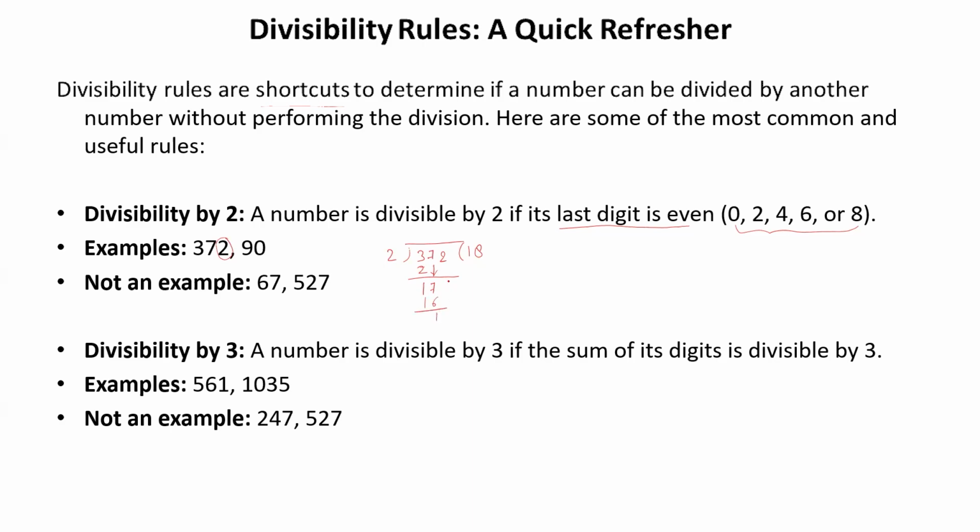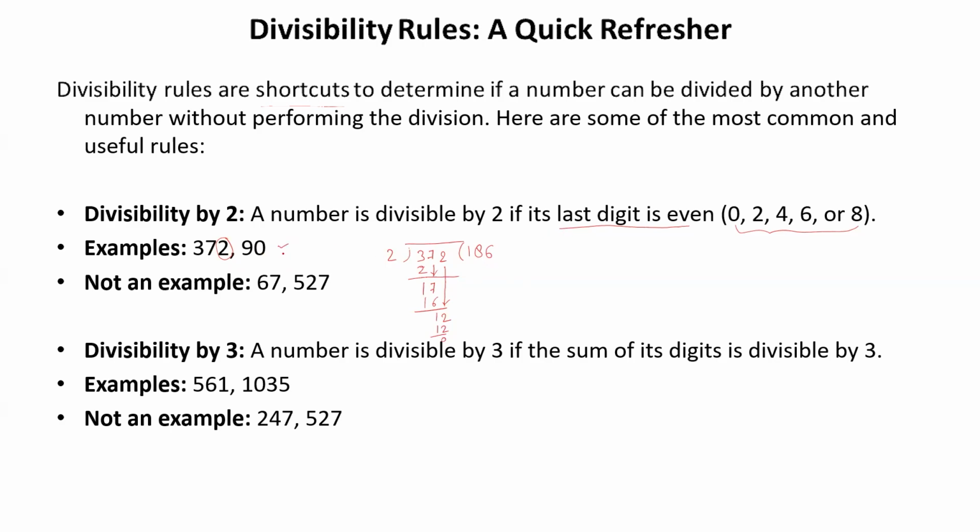Now remainder is 1. Take this 2 down. Now it is 12. 12 is there in the table of 2, 6 times. So 12 and remainder is 0. So you can see that actually 372 is divisible by 2, isn't it? Because according to the rule, for any given number, if the last digit is an even number, that number is divisible by 2.